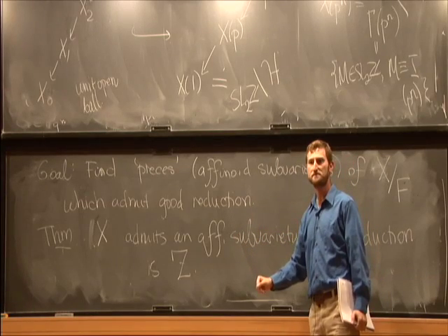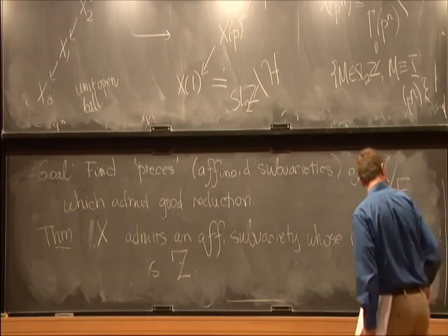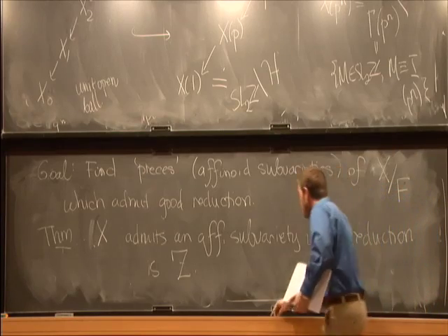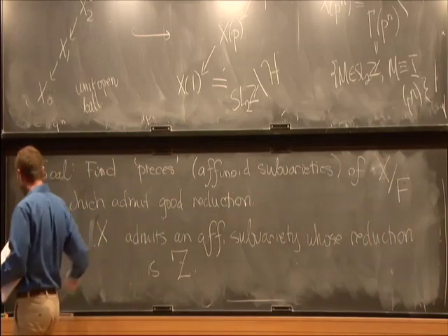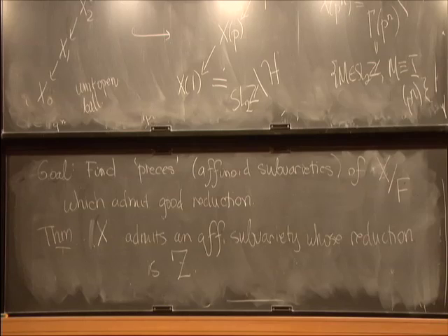The reason that you would expect X to have these properties: here's our X. X has an action by GL_N(F). And the affinoid itself is maybe Z tilde. It doesn't have an action by the whole thing.